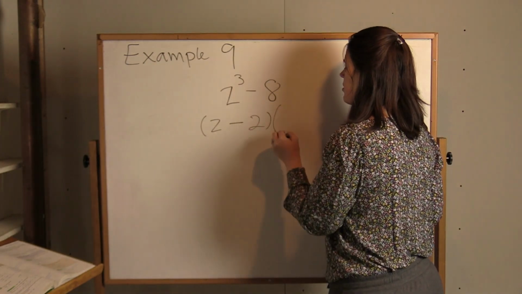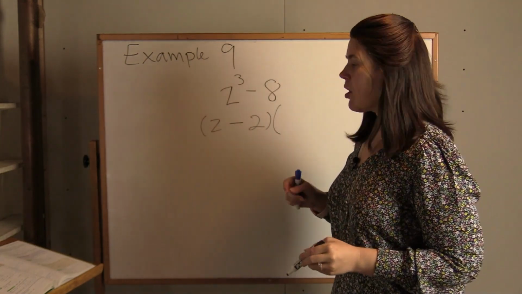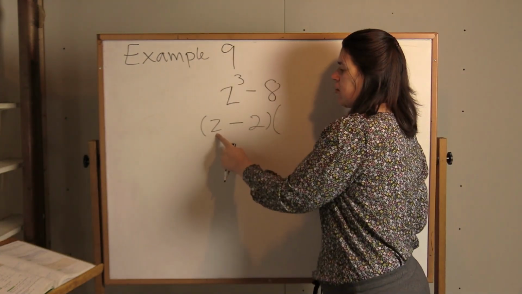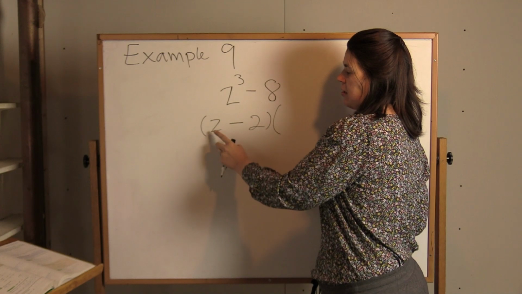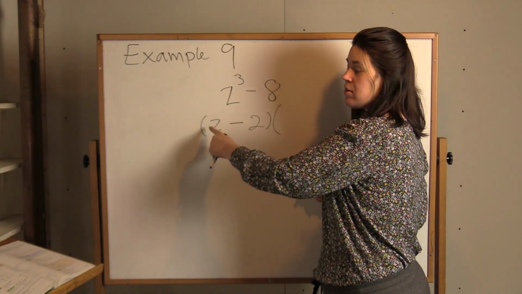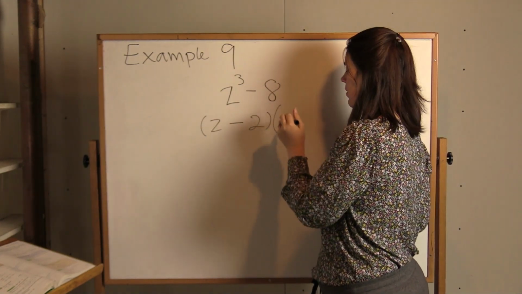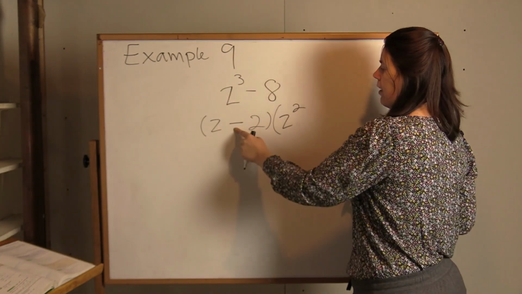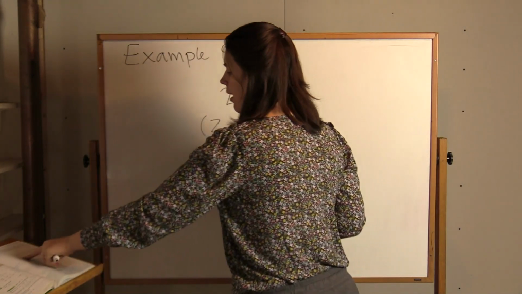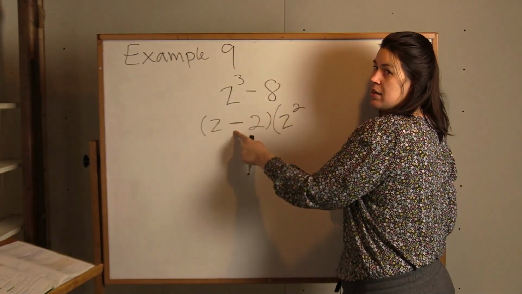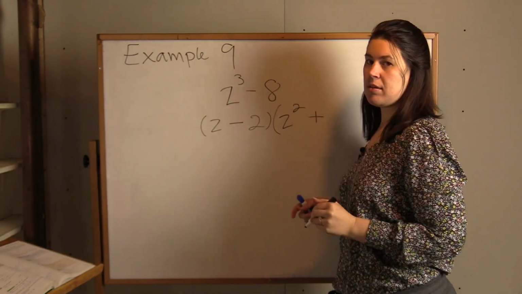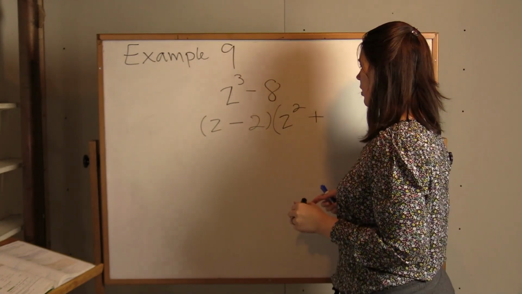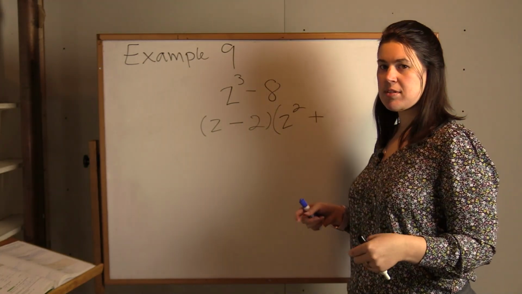All right, now I'm going to start my trinomial. So the trinomial, we take this term squared. So z, if I square it, it becomes z to the second power. Whatever this sign is, and you can refer to the lavender box, this is the opposite. Okay? Then from there, we take the first term times the second term.